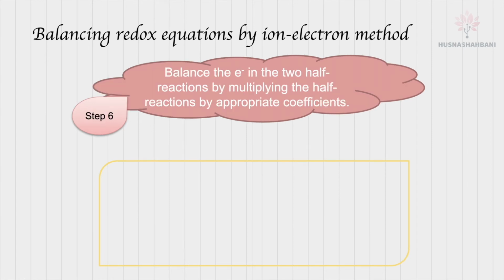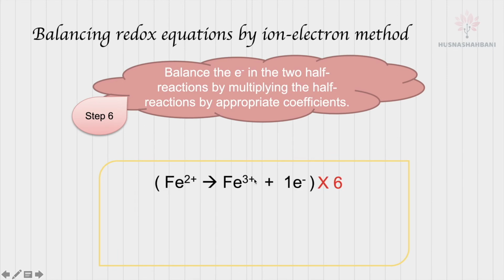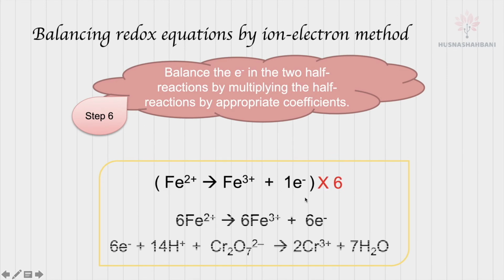Next step, balance the electron in the two half reactions. So here you have 1 electron, but here you have 6 electron. You must balance these 2 electron. So multiply the Fe by 6 to get 6 electron.